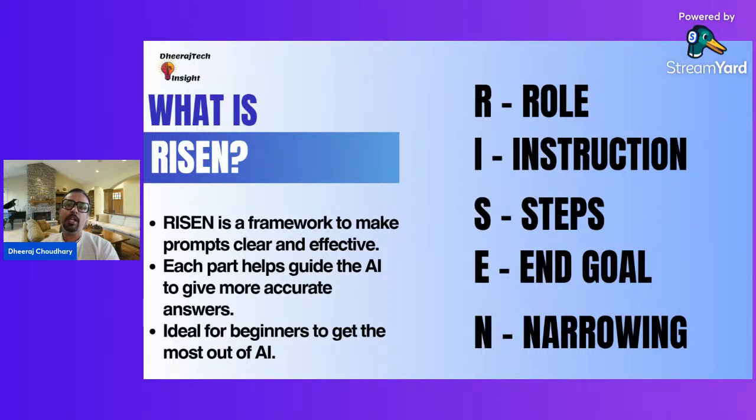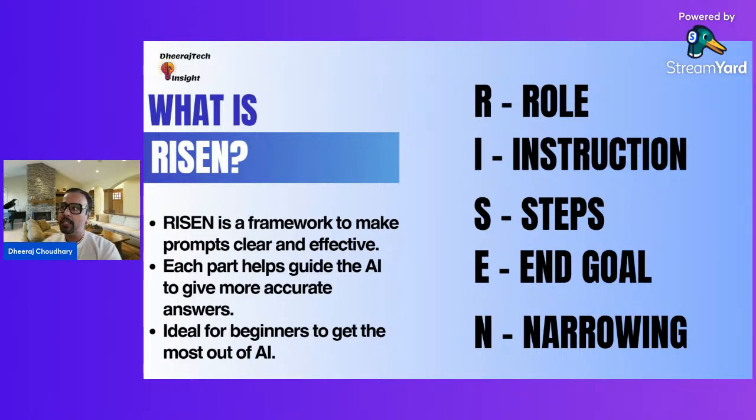So first AI has assumed that it's a teacher, and the typical way a teacher would teach you, the same way it is going to answer you. So the instruction we have given is to explain prompt engineering or machine learning.